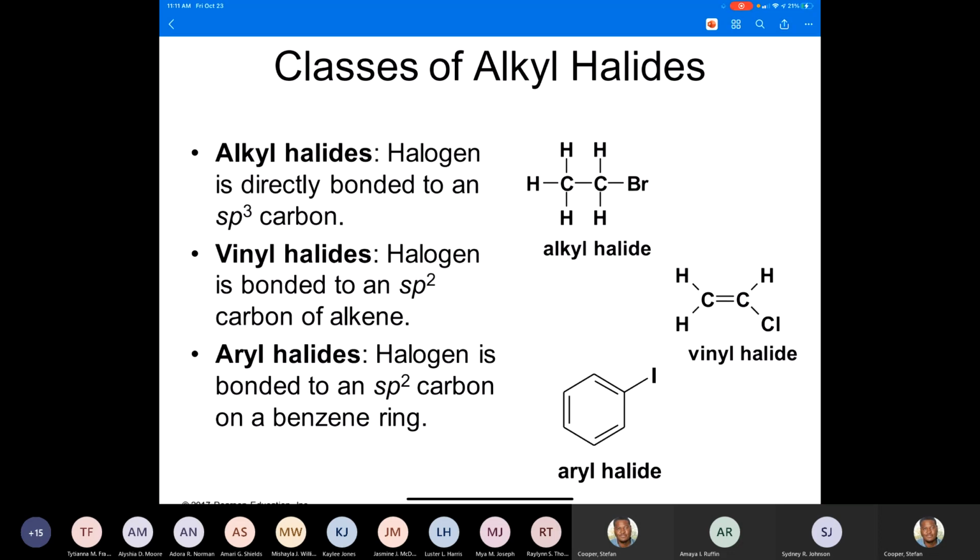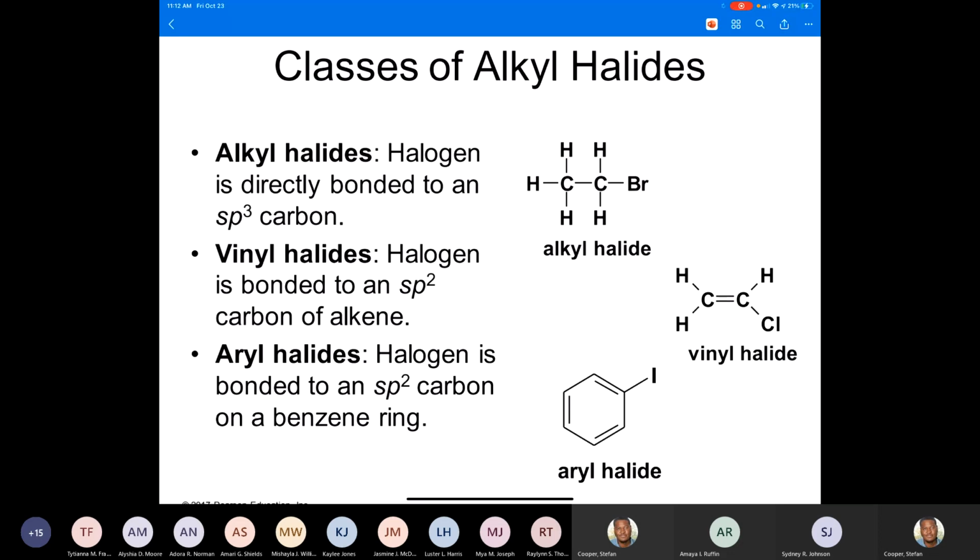If I look at the vinyl halide, vinyl chloride there, the carbon that has the chlorine is involved in what? A carbon-carbon double bond, right? So that changes the name to a vinyl halide. And it's very important that we recognize that because it changes the chemistry. The chemistry is completely different when the halide is attached to a carbon that's involved in a double bond.